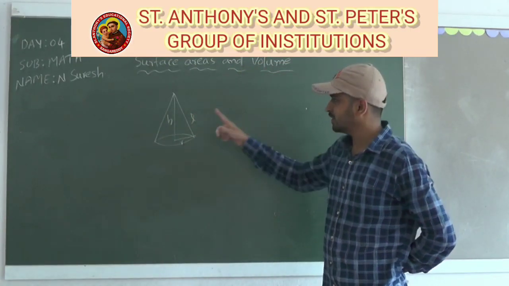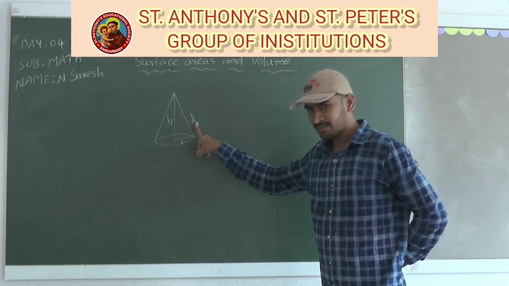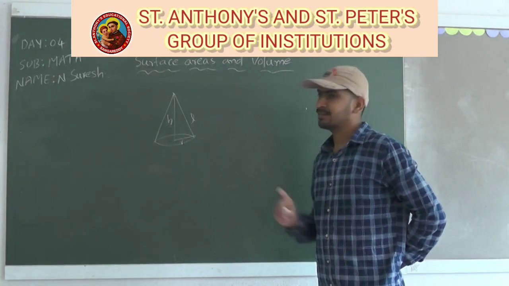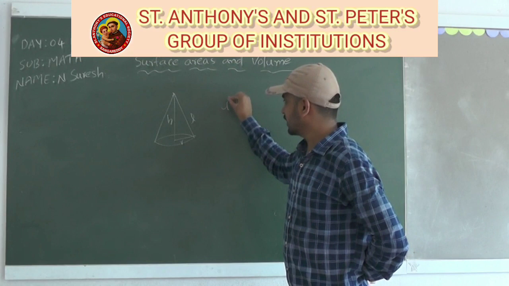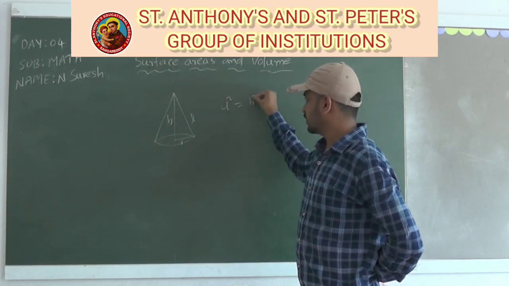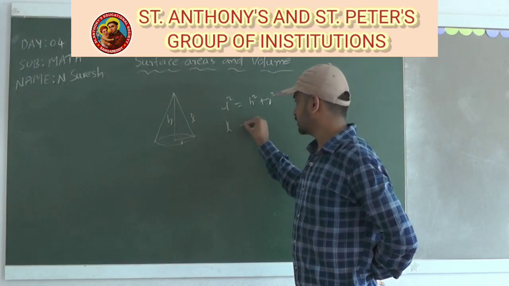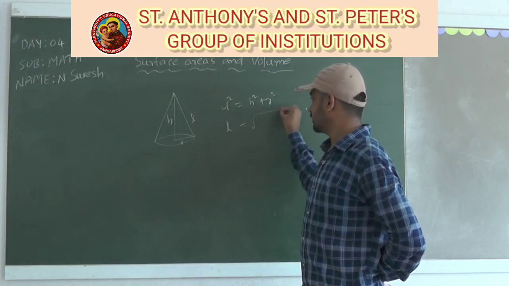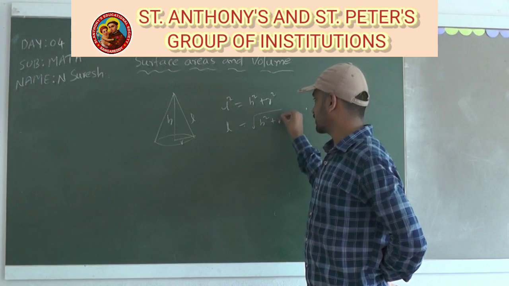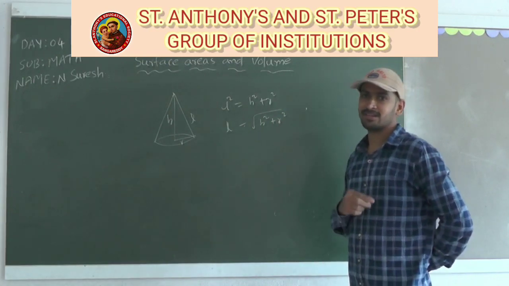Already we discussed the relation between slant height and radius. So L square equals h square plus r square. Otherwise we can also write L equals under root of h square plus r square.